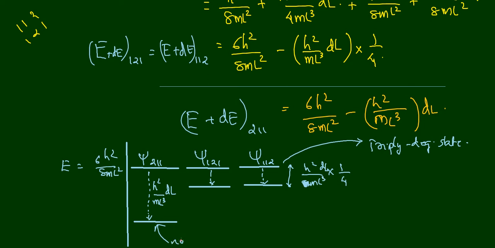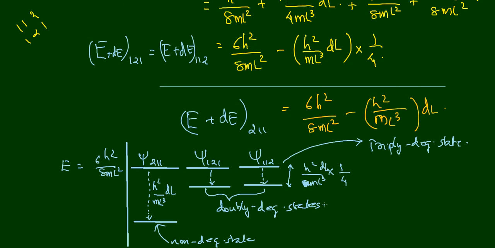And these two energy states are doubly degenerate states. So the initial triply degenerate state is now distorted, and it is split into a single non-degenerate state and a doubly degenerate state.